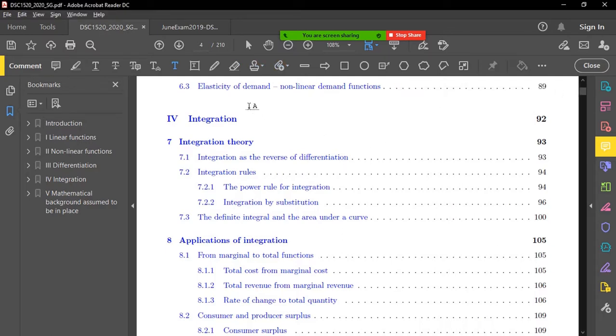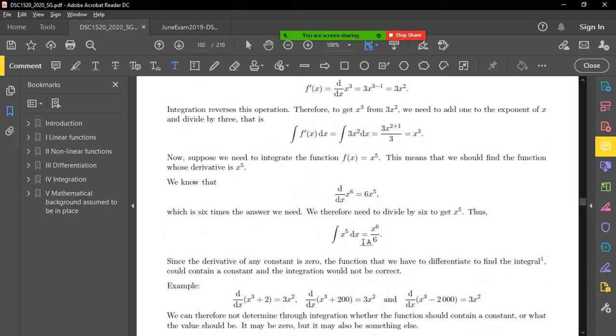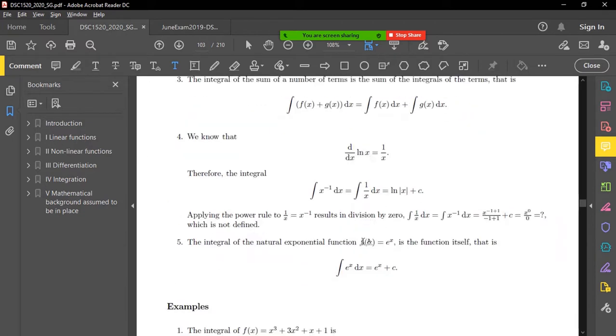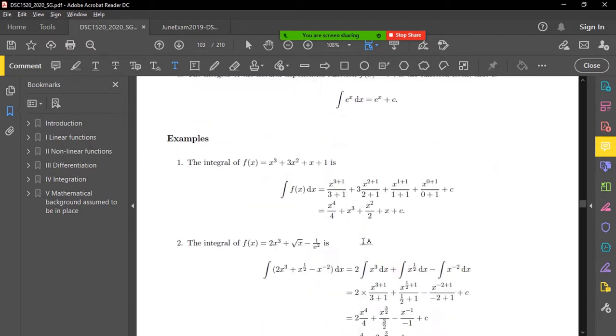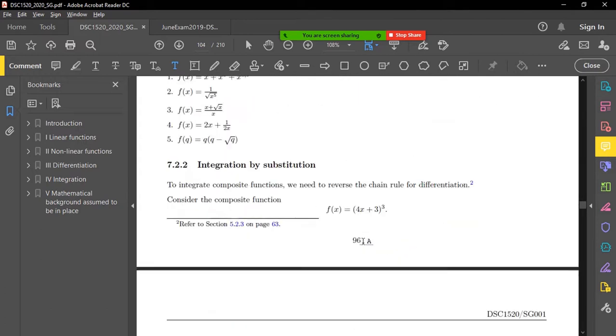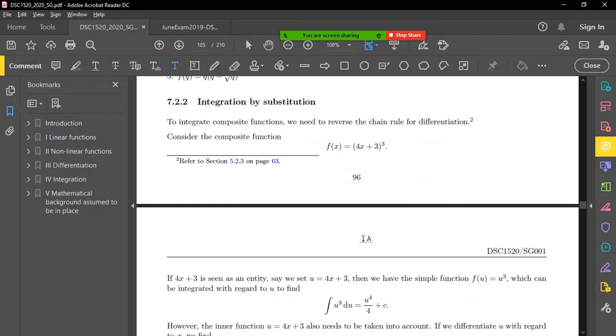Okay, page 96. Here, integration rules. I'm looking at the substitution one. There. Integration by substitution. There we go.